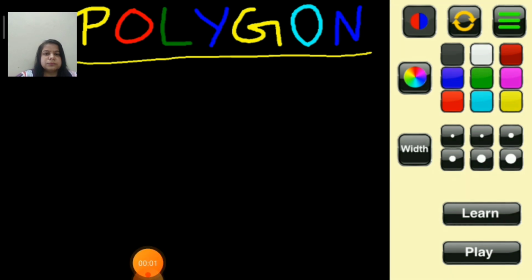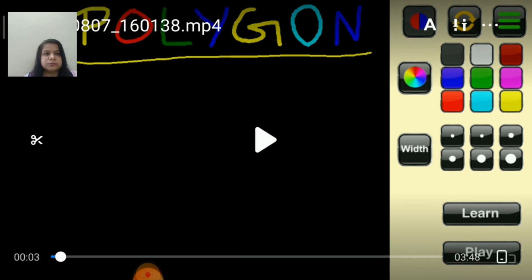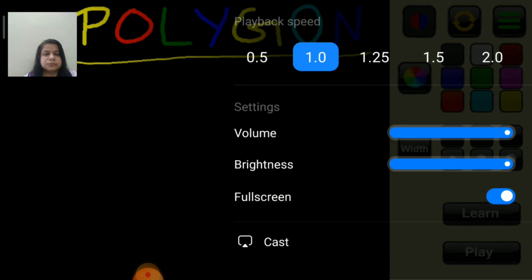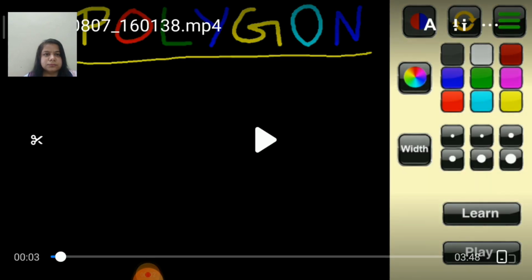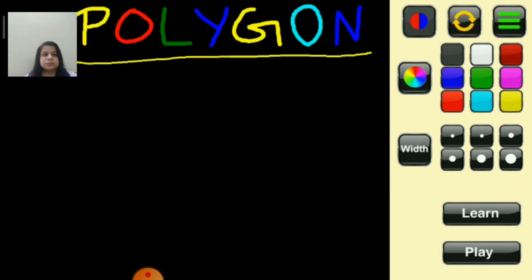Now next in our list are polygons. Polygons are simple closed curves entirely made up of line segments.